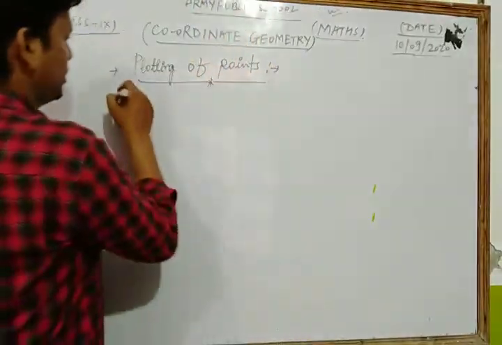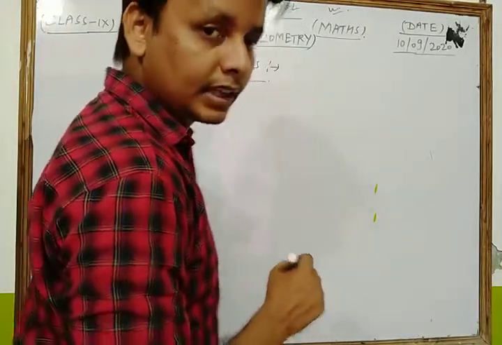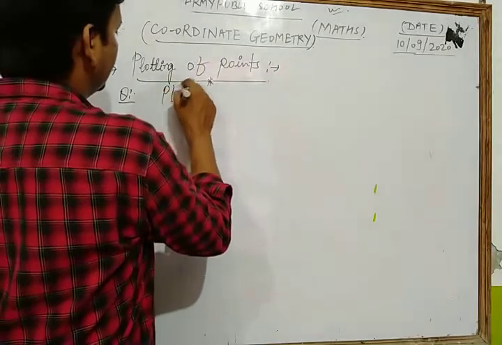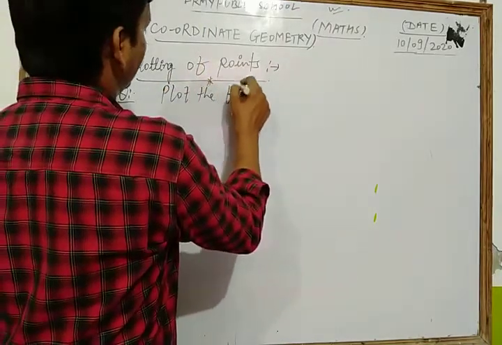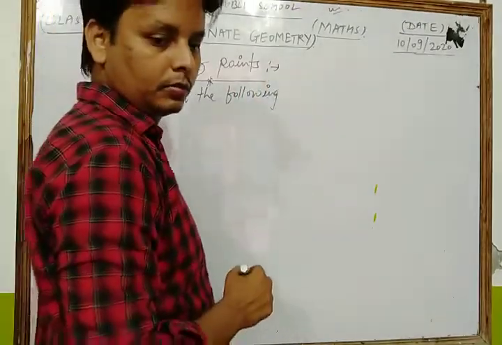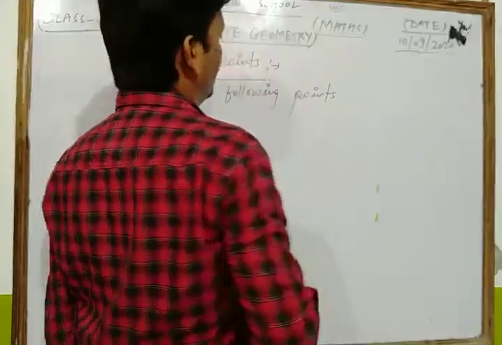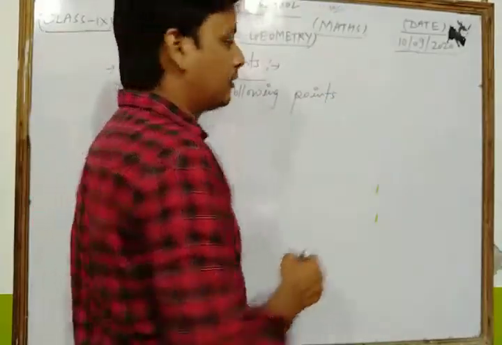Now look, your question is, plot the following points on a graph paper.